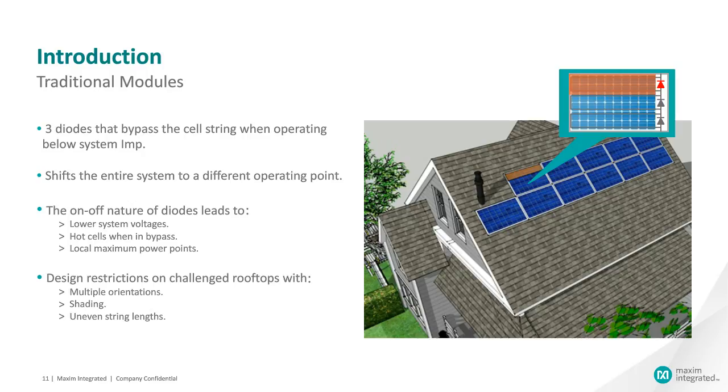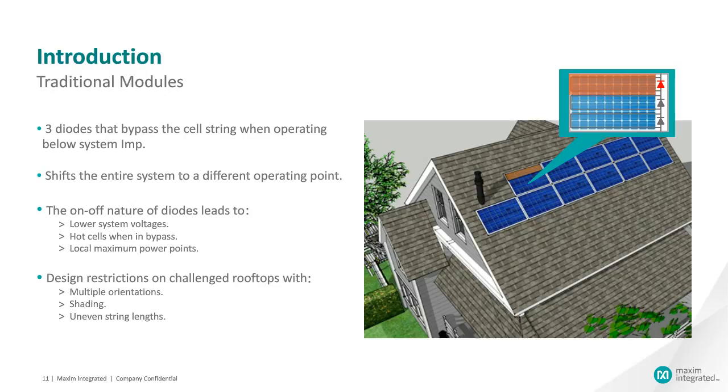So this shifts the entire system to a different operating point. And because the diode is an on-off type device, we end up with lower system voltages. We can end up with hot cells because that cell string is shorted. And we end up with a local maximum power point in the IV curve that the inverter sees.